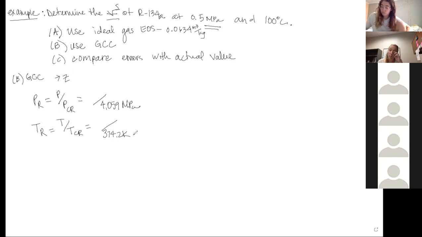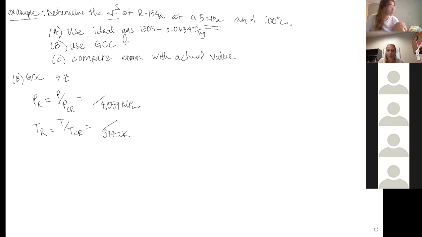Was anybody not able to see where we found that? Okay, it's in table A1, on the right-hand side, critical point properties. Make sure that you can find this.